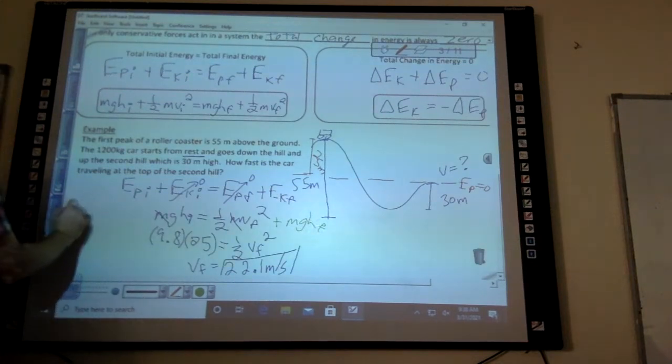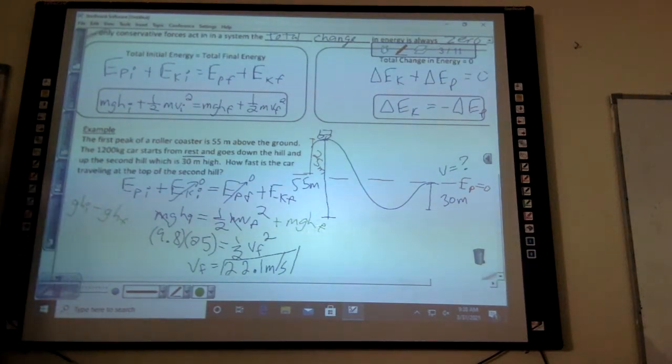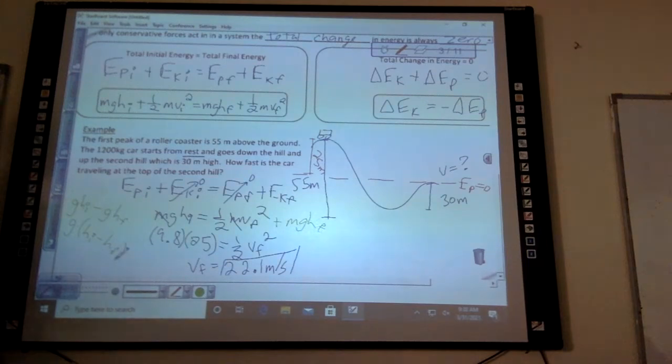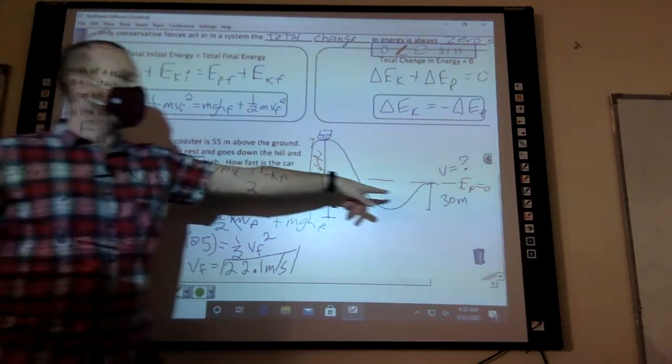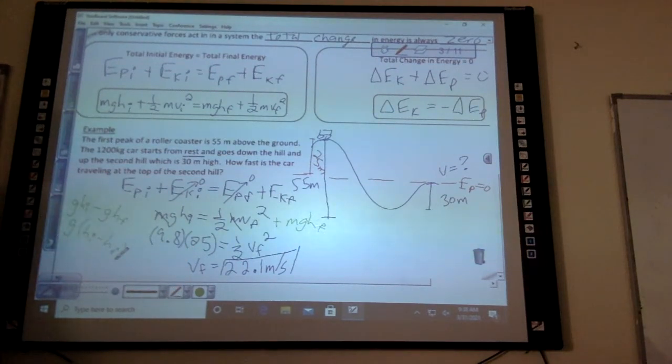So I'd have GHI minus GHF. Factor out the G. I get HI minus HF. And notice 55 minus 30, I would get back the 25 that I have here.